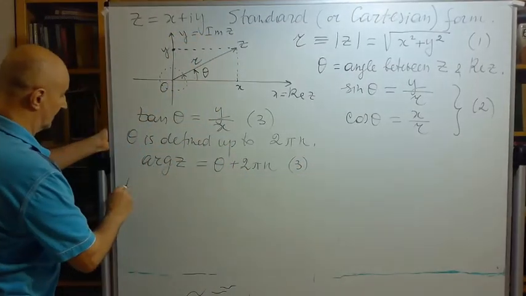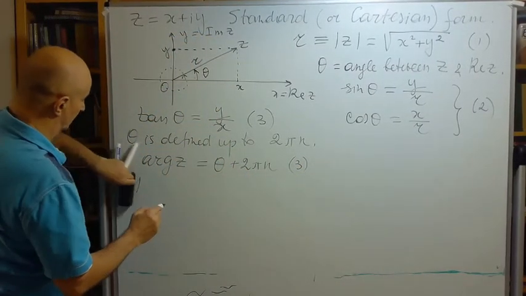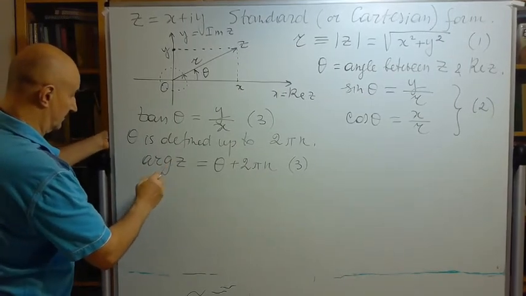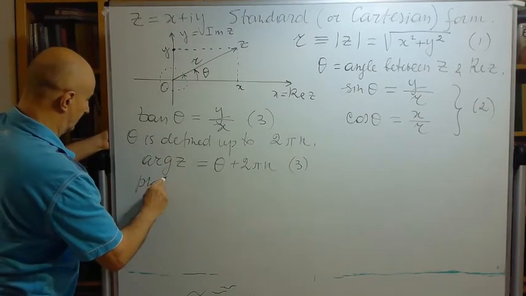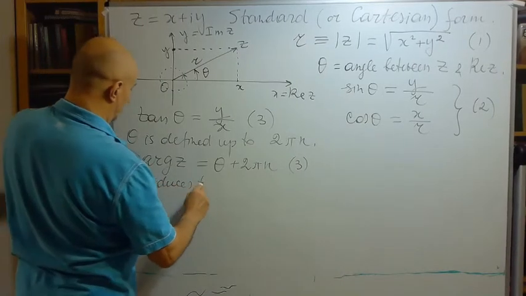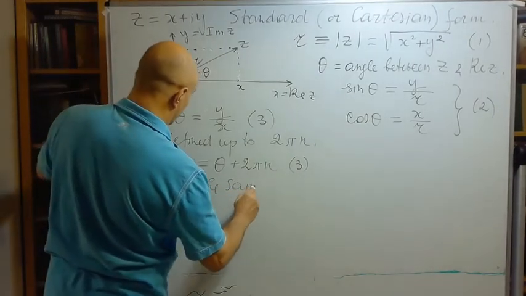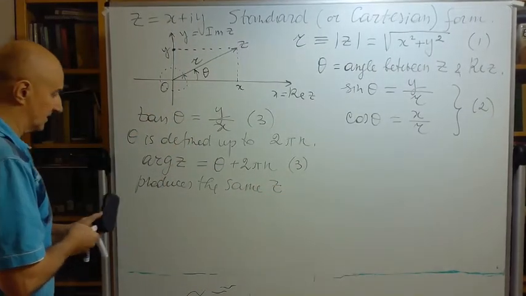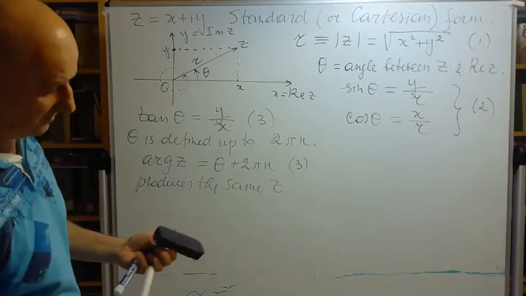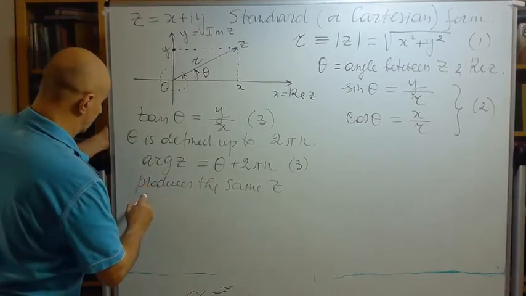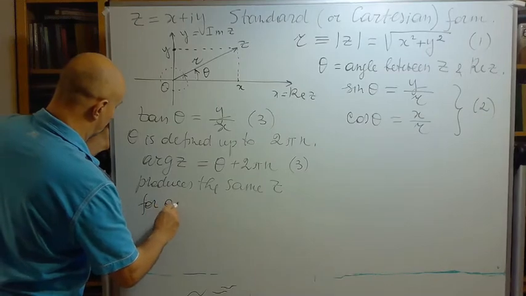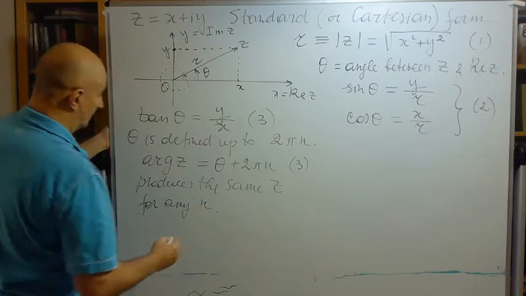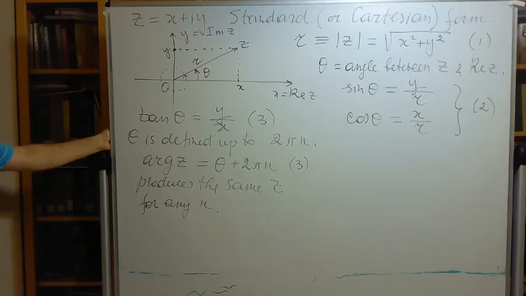This produces the same number z for any n. So we will select one of these angles as the most important one.